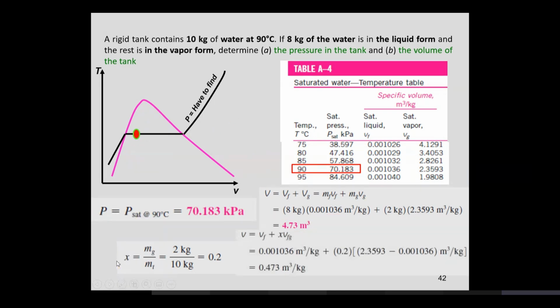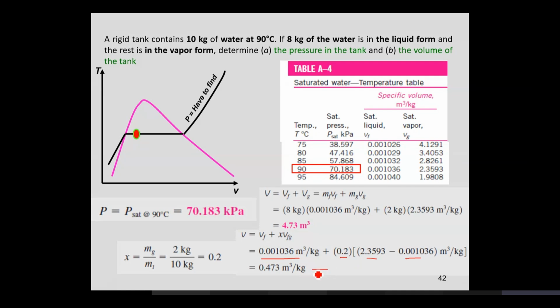So you find out the average volume of your mixture. How? You take the VF from the table, you take the VFG from the table multiplied by the quality value, and you'll get the specific volume of your mixture.